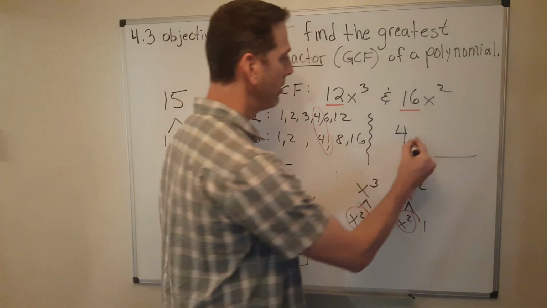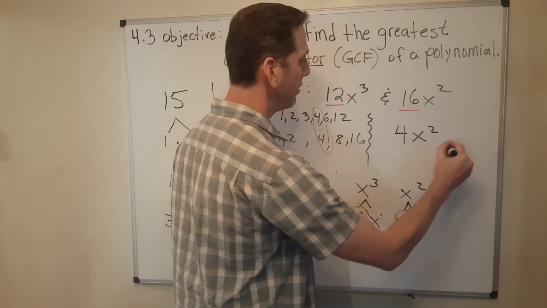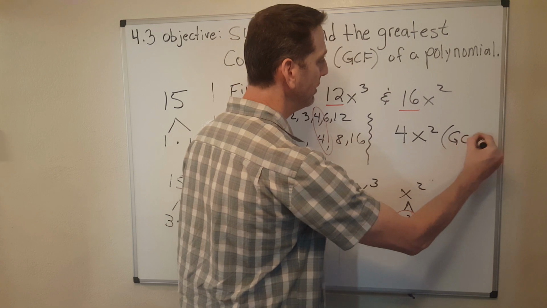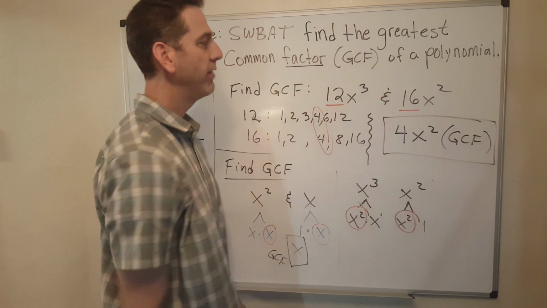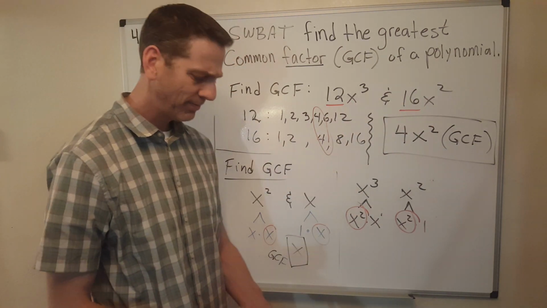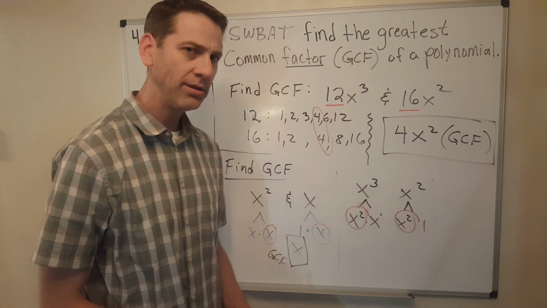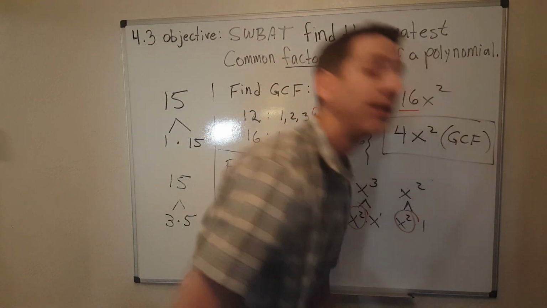And lo and behold, this is my GCF of these two terms. All right? Not too complicated. You can do this stuff with a little bit of practice and a little bit of help from me.